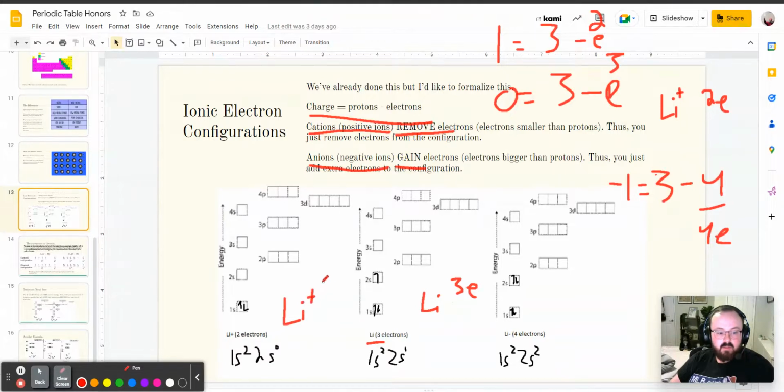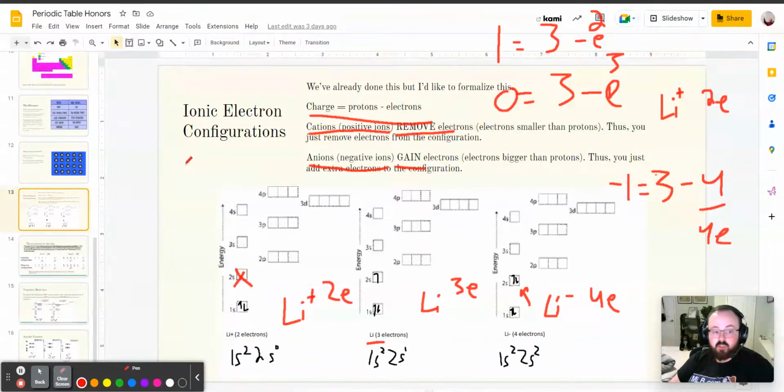Here's lithium plus with 2 electrons, and here would be lithium minus with 4 electrons. So all you are doing here is adding or subtracting however many extra electrons there are. Lithium, 3 electrons. Lithium plus, we got rid of that one. Lithium minus, 4 electrons, we just added one in.